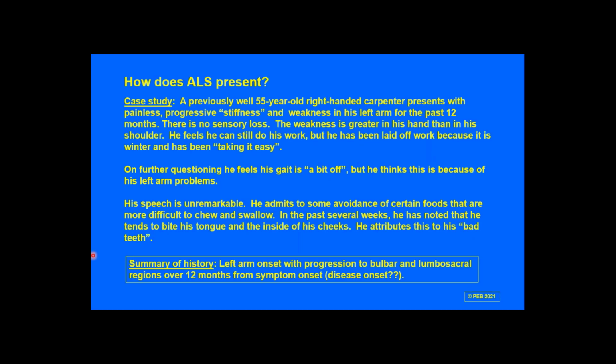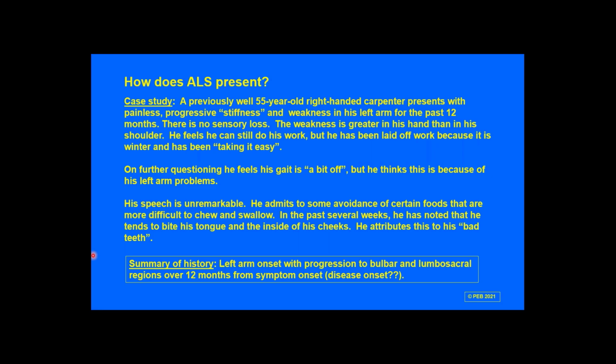Well, I thought what we could do is look at a fictitious but typical case history. You can read this faster than I can, but in summary, this is a previously well person, and often these patients report themselves as being in good health, suddenly experiencing painless progressive weakness without sensory loss.